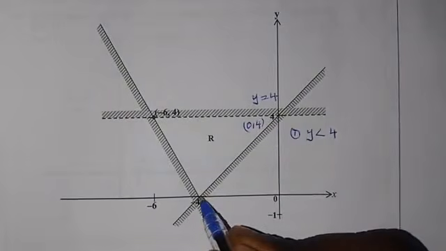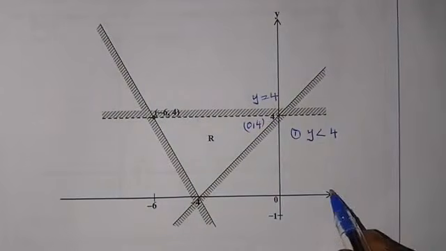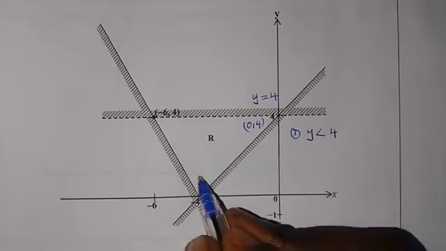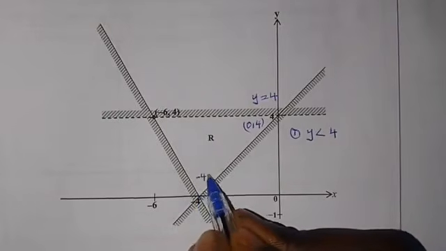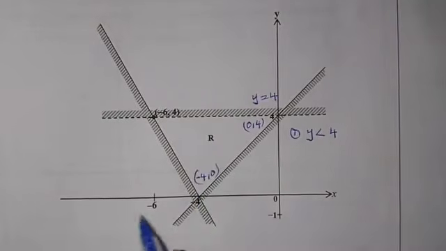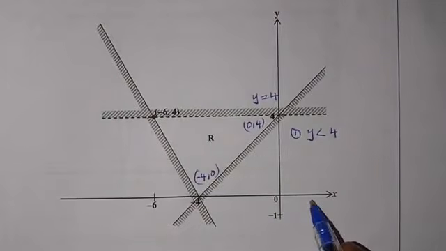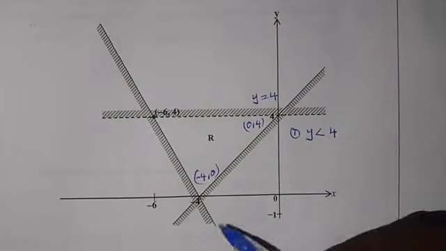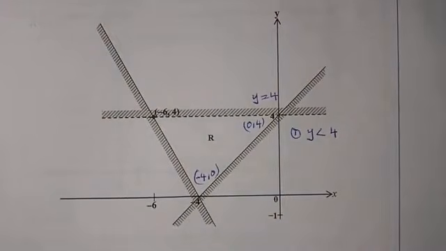Then the coordinate which is here, this is the x-axis and it is cutting at x is equal to -4. So this will be (-4, 0), because this line is y is equal to 0.